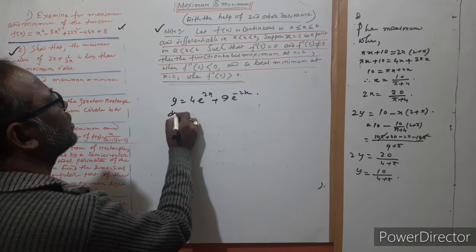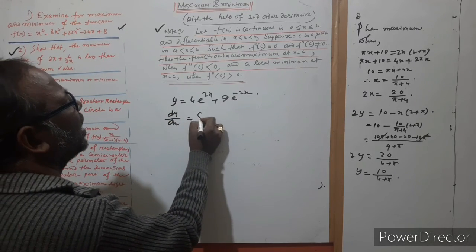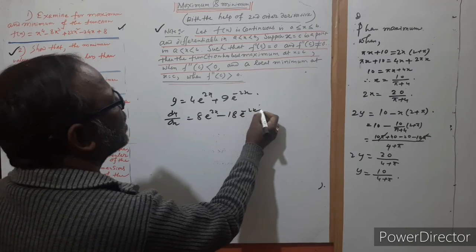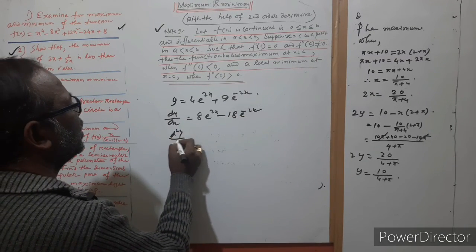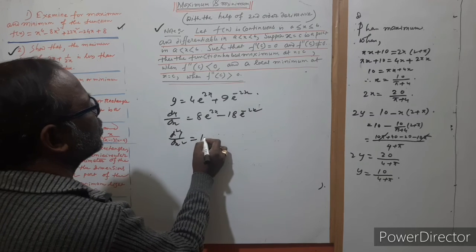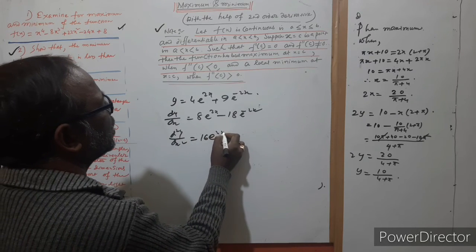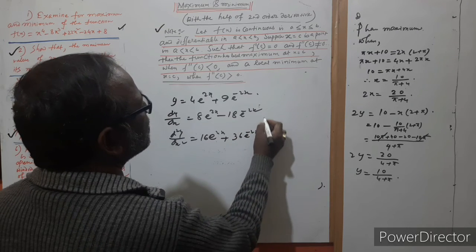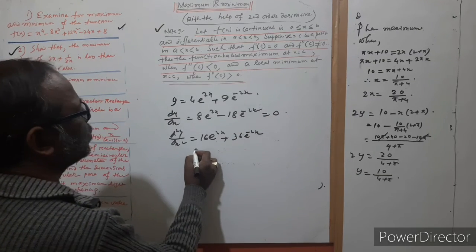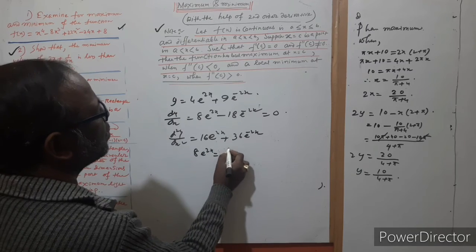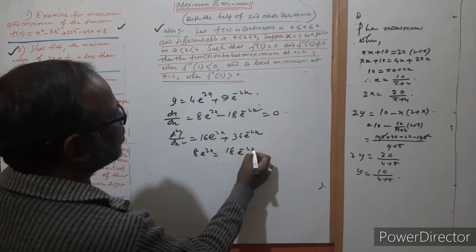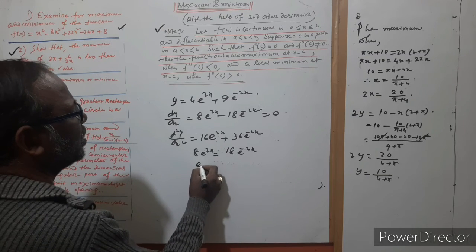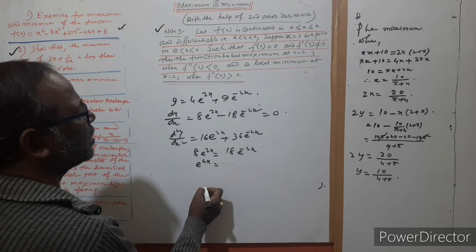So differentiate, so dy by dx is 8 e to the power twice x minus 18 e to the power minus twice x, and this be 0. So 8 into e to the power twice x equal to 18 into e to the power minus twice x. So this is e to the power 4x.